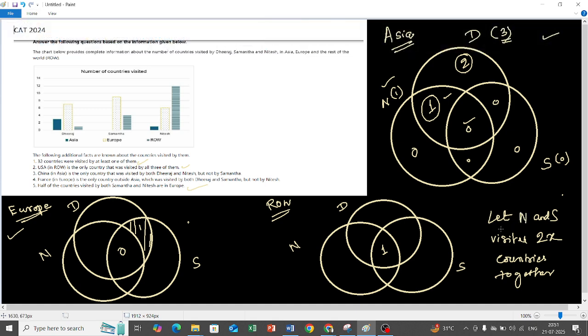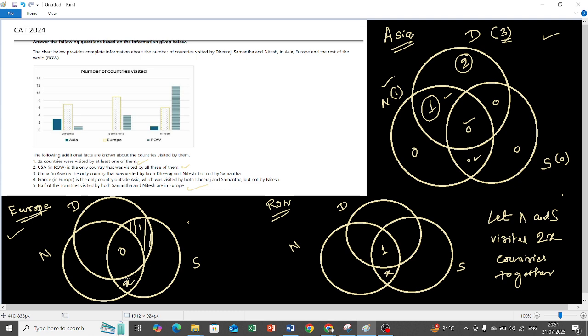Okay. Let Nitesh and Samantha visited 2x countries together. So what is the half of 2x? X. So that means Nitesh and Samantha, this portion is x. Did you understand this part or not? Please tell me. Because it is given that half of the countries visited are in Europe.